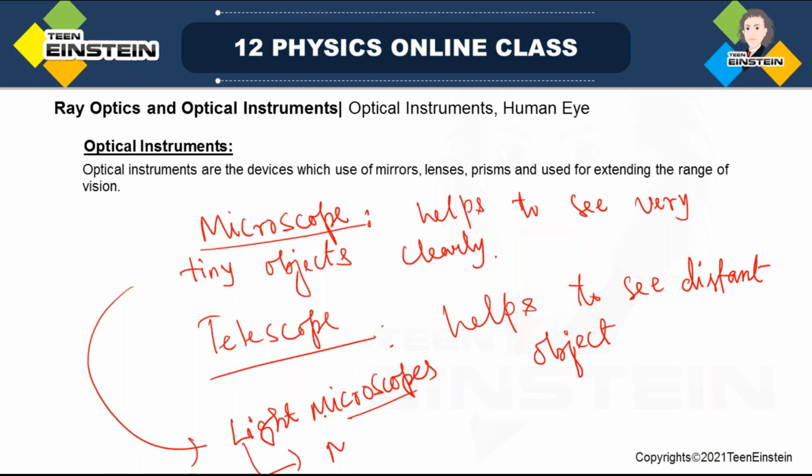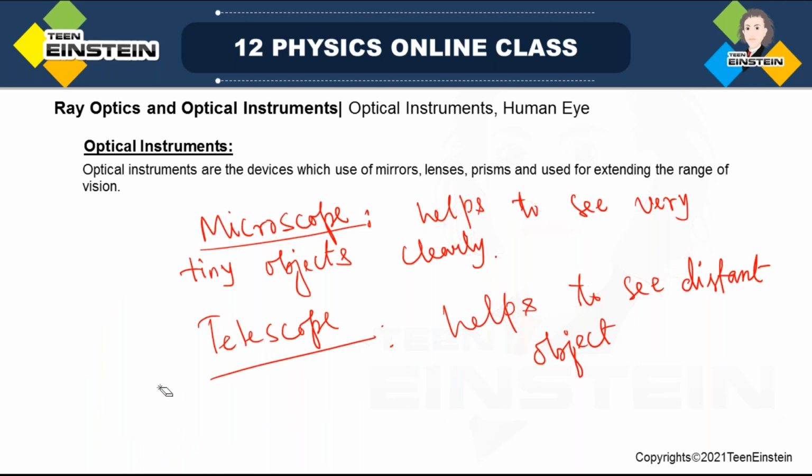These are advanced microscopes which help us to see very tiny objects like nanoparticles, microbes, and very tiny bacteria with this powerful microscope.